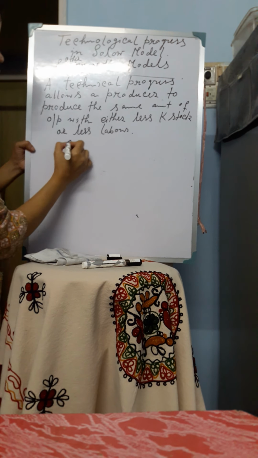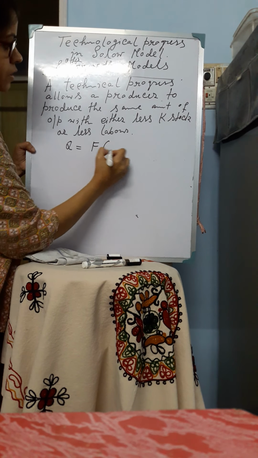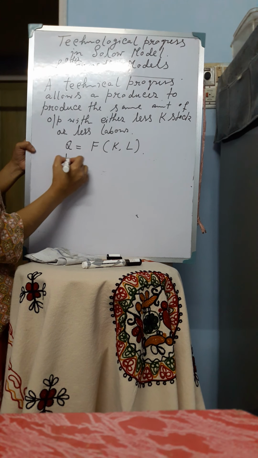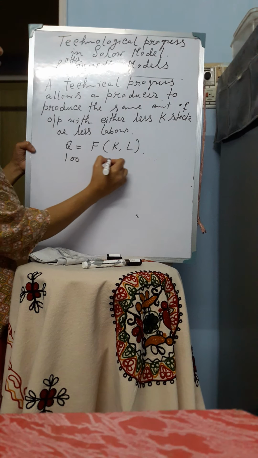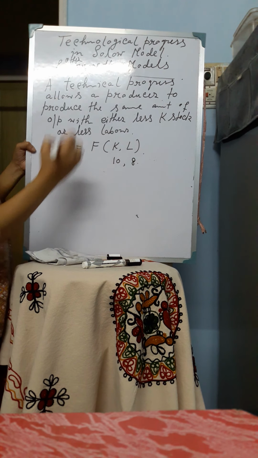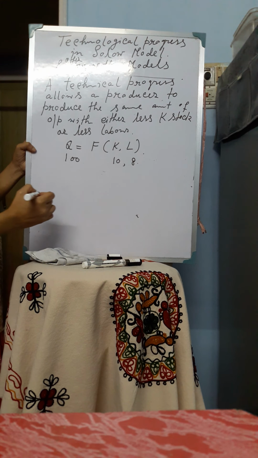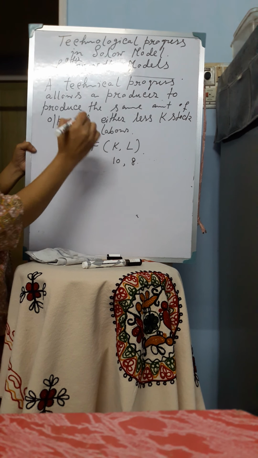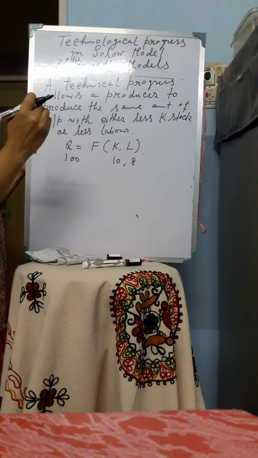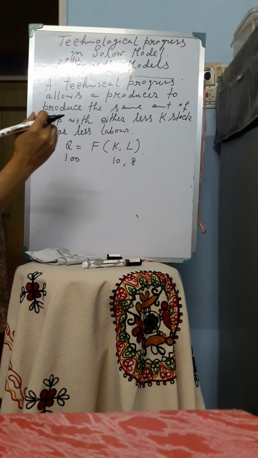So suppose Q is equal to F(K, L). Now the economy is producing 100 units of output with 10 units of capital and 8 units of labor. Now suppose there is a technical progress in the economy. So there is a change in technology, there is an improvement of technology in the economy.